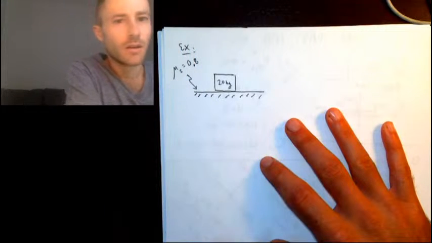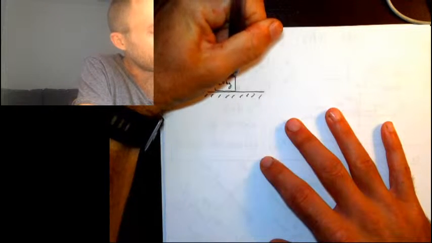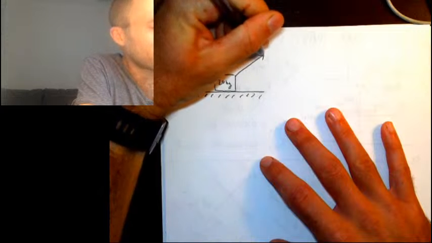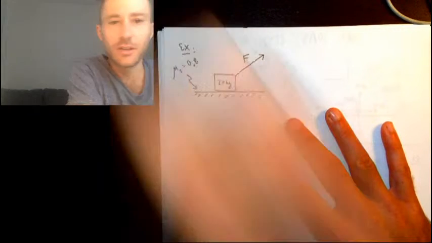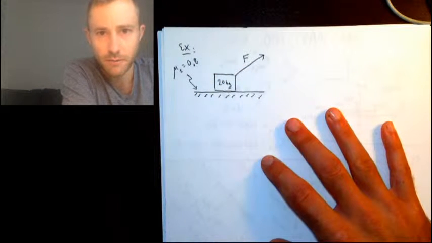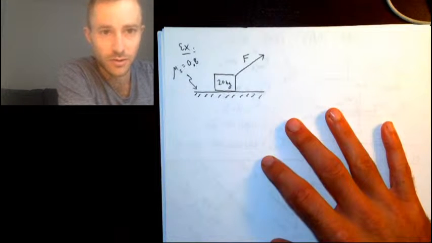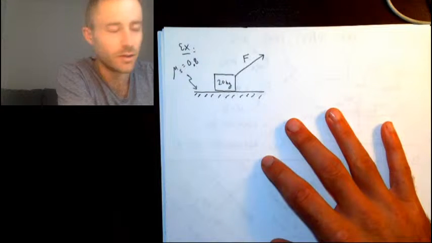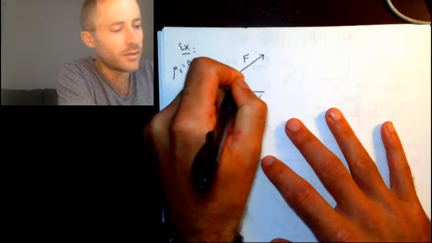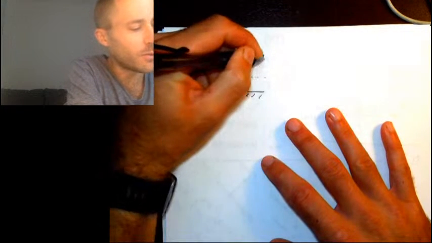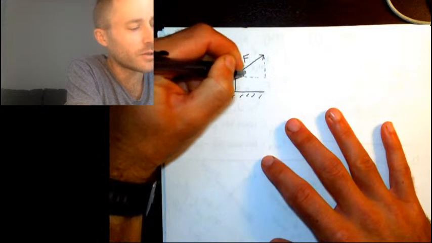You are pulling on the box with a force that has an undetermined strength F. So it's an unknown applied force. The size of the applied force is unknown, and the angle of the applied force is 30 degrees.